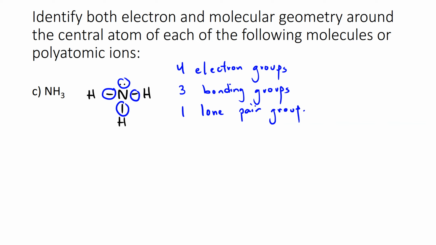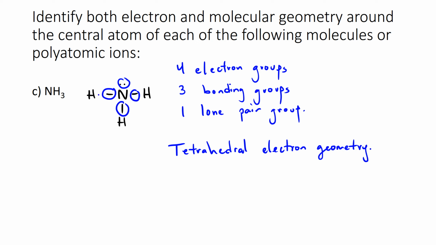Now if you have 4 electron groups, what that's going to do is make your electron geometry tetrahedral. So we'll say tetrahedral electron geometry.